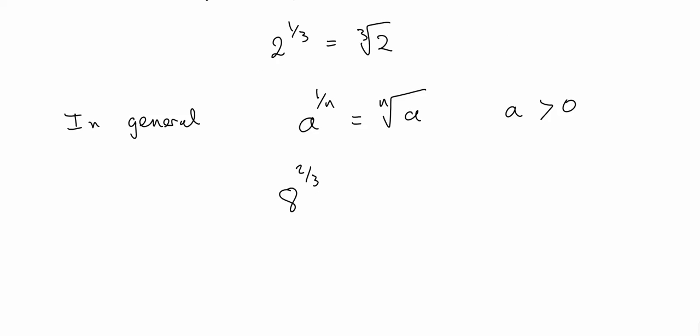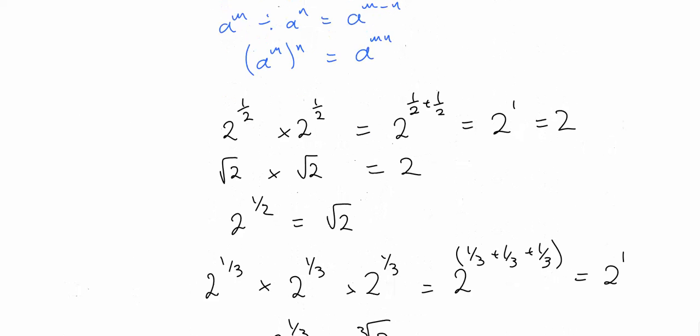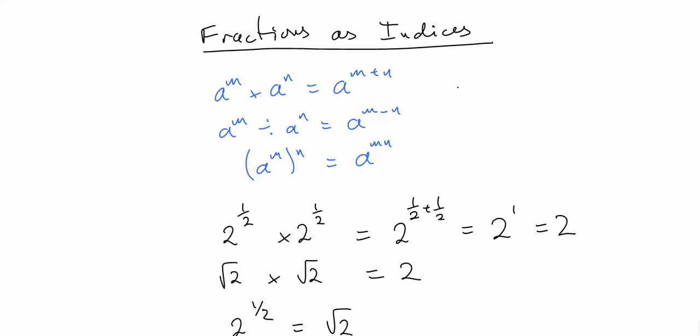Now let's consider what we might mean by something like 8 to the power of 2/3, where we have a fraction in the index of 2/3. Well, by the third of the rules, we know that a to the mn is a to the m, all to the n.